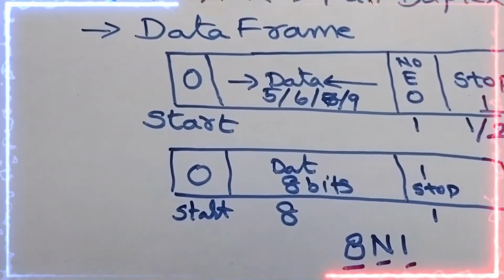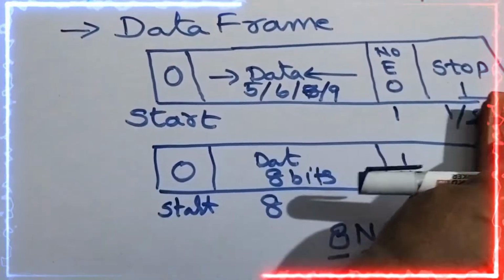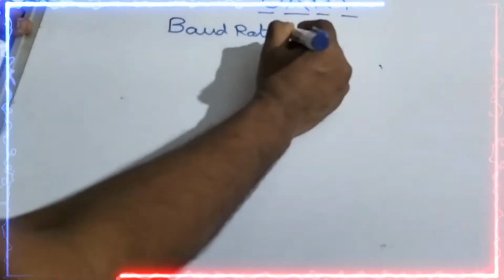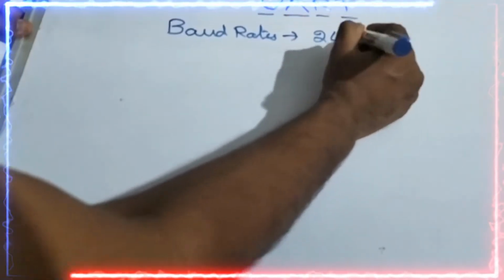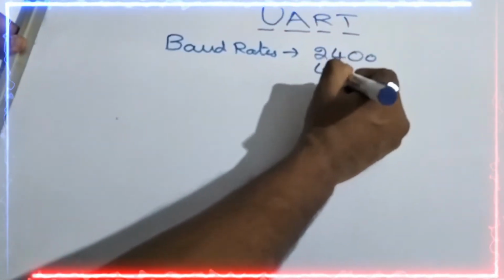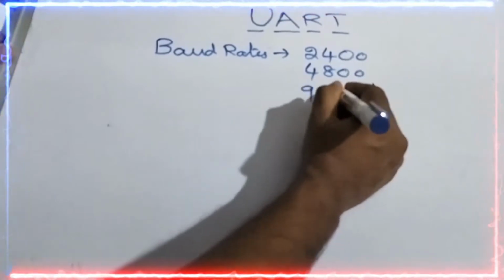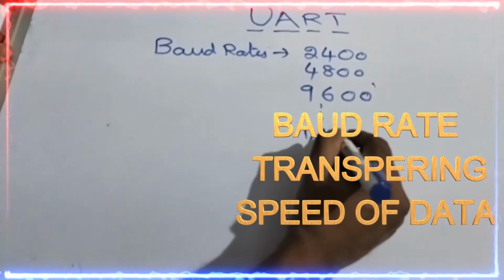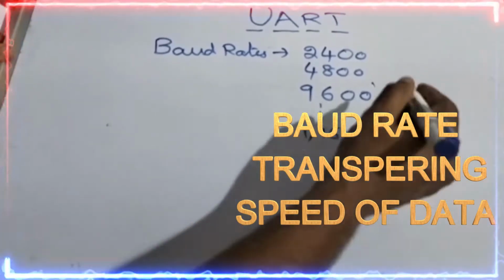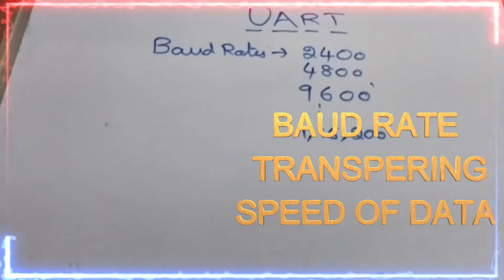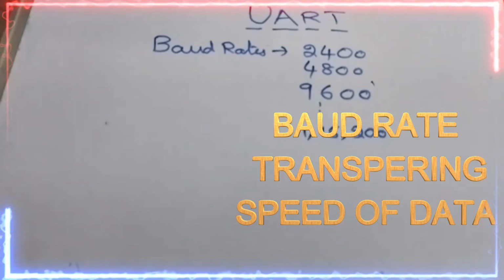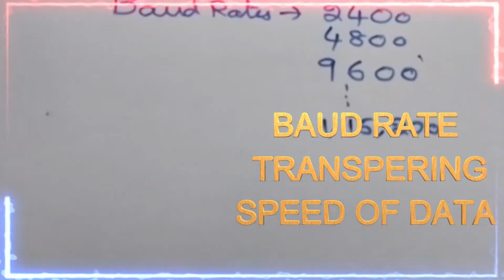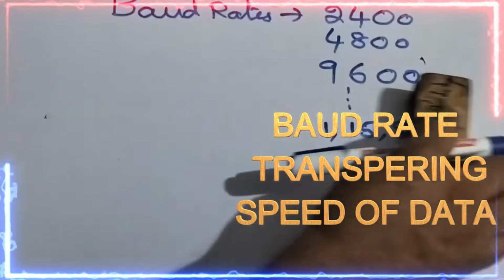Now let us define the baud rate and bit rate, friends. The typical baud rates start from 2400, 4800, 9600 and it goes on to 115200. In this example, we take a 9600 baud rate and discuss about this.